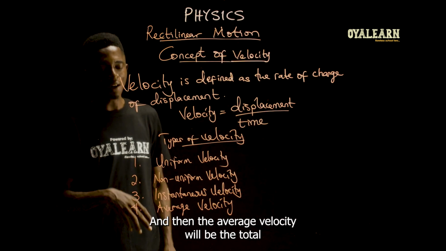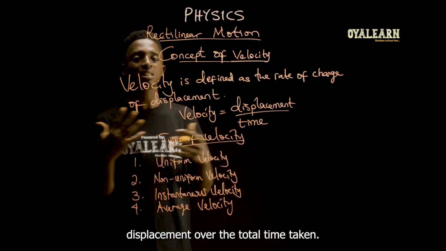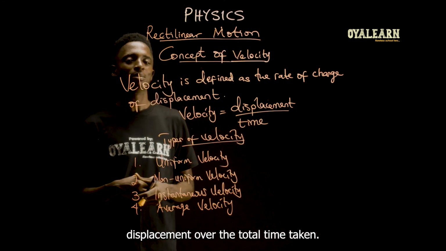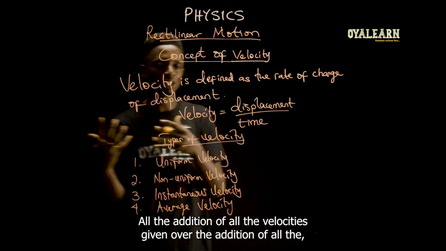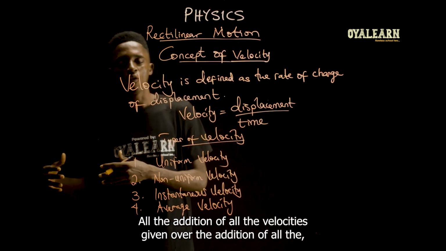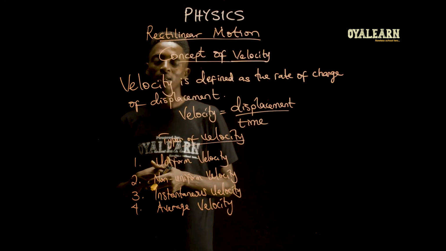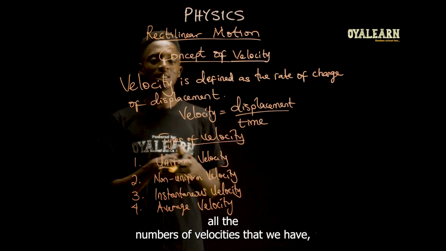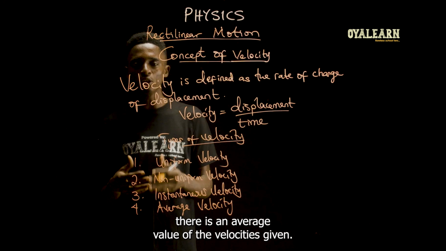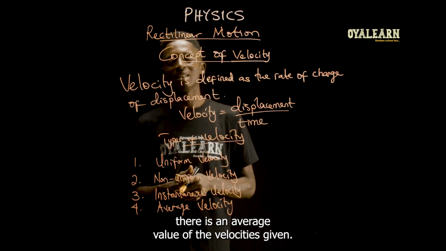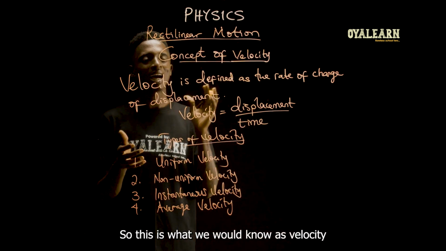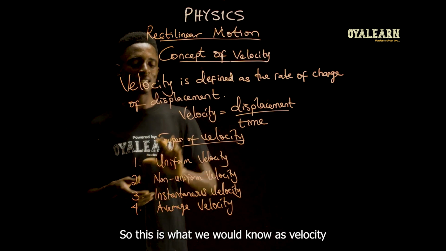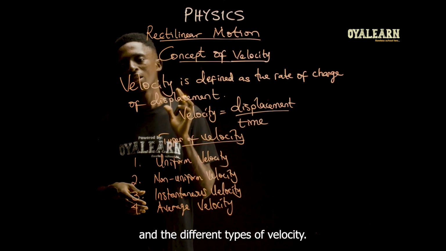Average velocity is the total displacement over total time taken, or the addition of all the velocities given over the number of velocities that we have. That is an average value of the velocities given. So this is what we know as velocity and the different types of velocity.